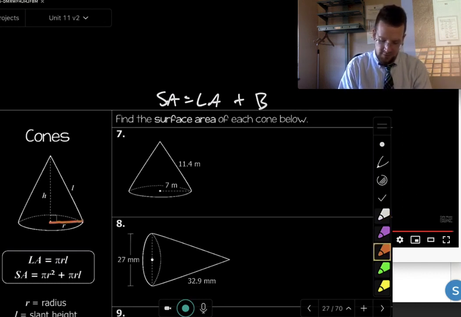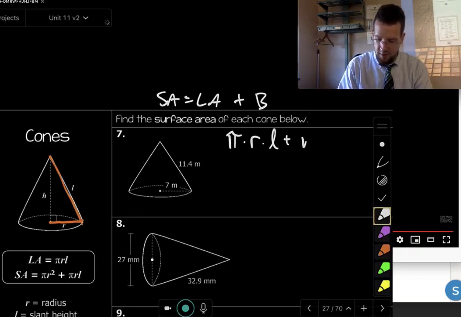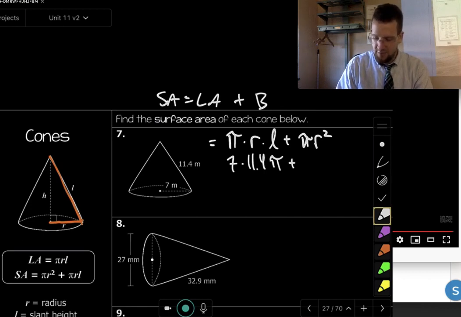So it's pi times the radius times the slant height, plus the area of the base, which is pi r squared. Okay, the radius of this one is 7, so I'm going to put the pi in the back. 7, the slant height is 11.4 times pi plus 7 times 7 is 49 pi.